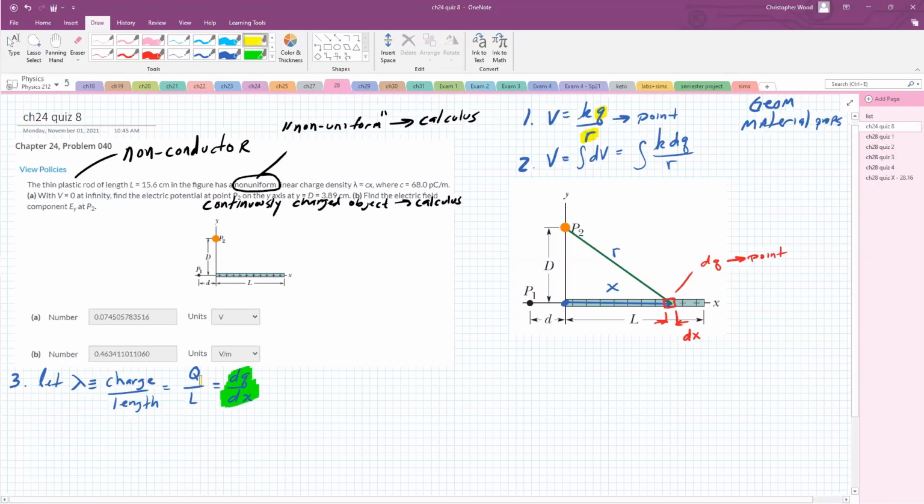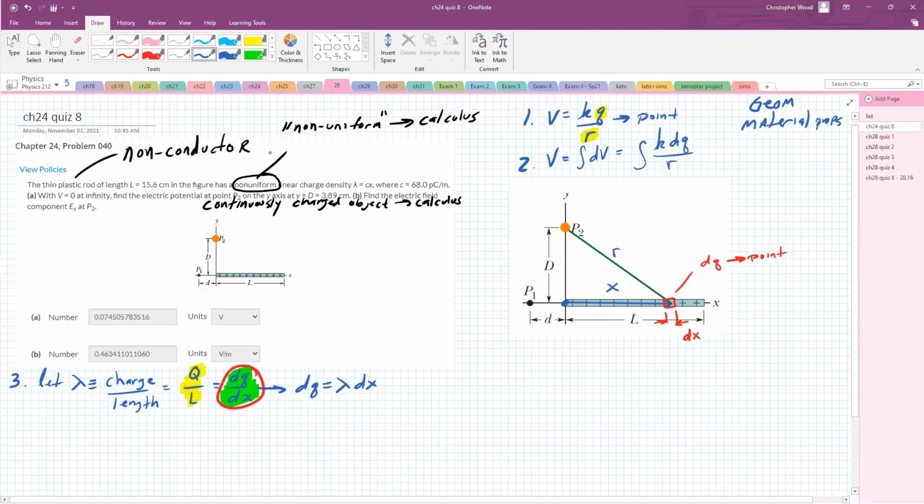I might end up using this, I don't know, but I need to deal in the differential realm, then glue all of these little dq's together. So I can say dq is going to equal lambda dx. And you've seen this before. This whole approach we're taking here should look very familiar to you.